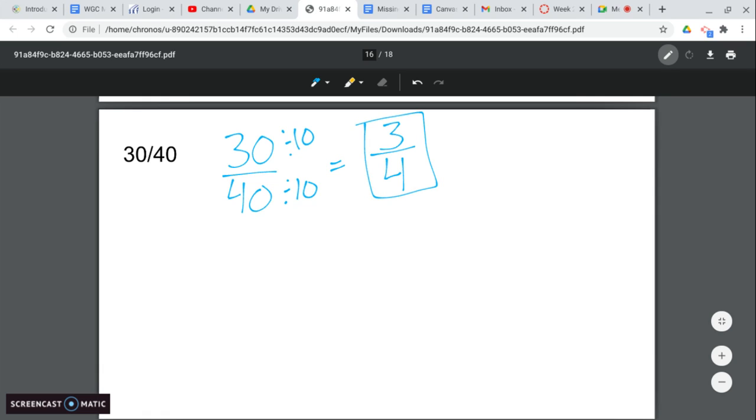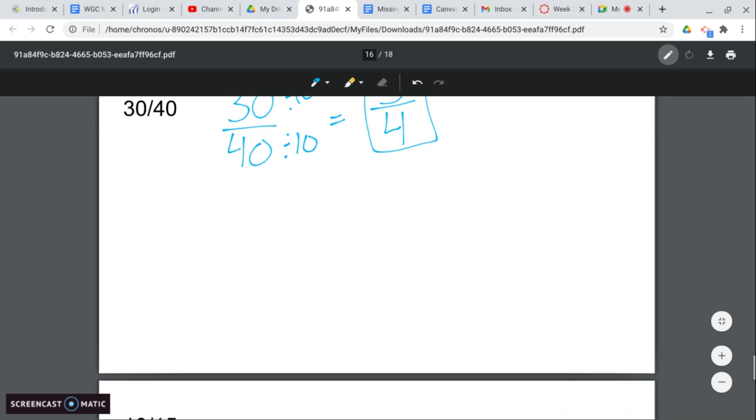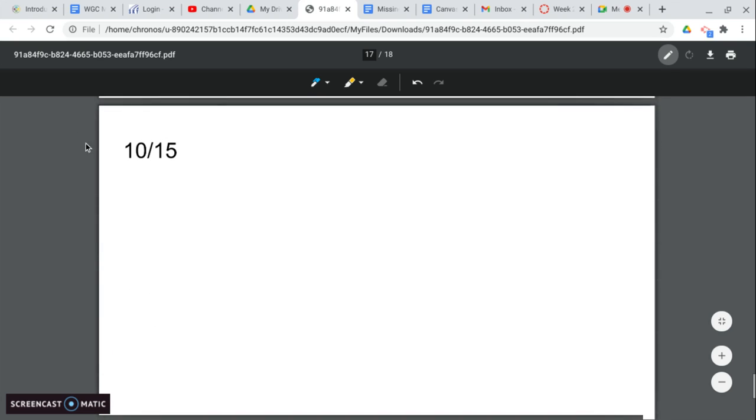There's our simplest form. And when numbers both end in 5 or 5 and 0, you know it's divisible by 5. Like this one, we've got 0 and 5. We know 5 can go into both of them, so that's a good place to start. 10 divided by 5 is 2, and 15 divided by 5 is 3.